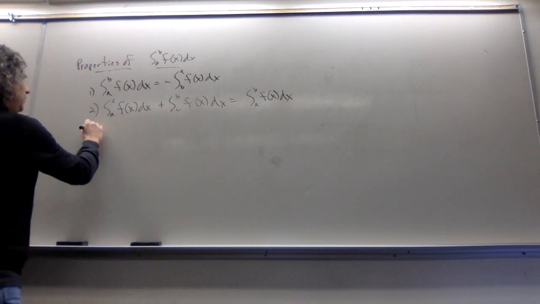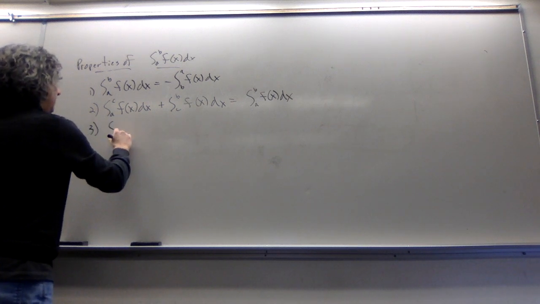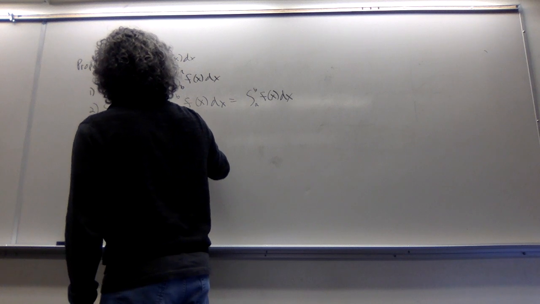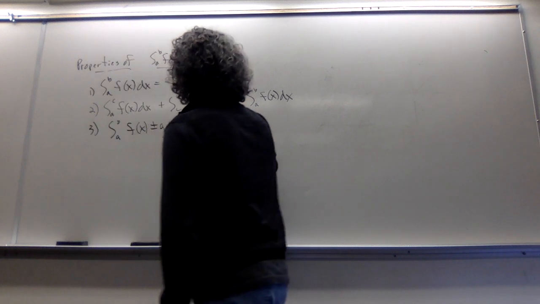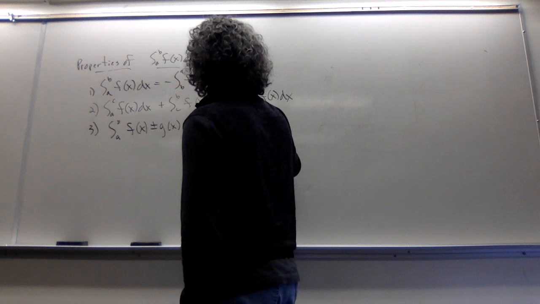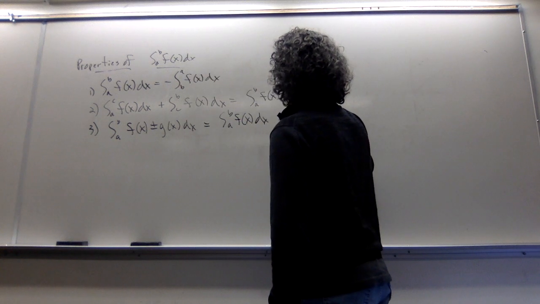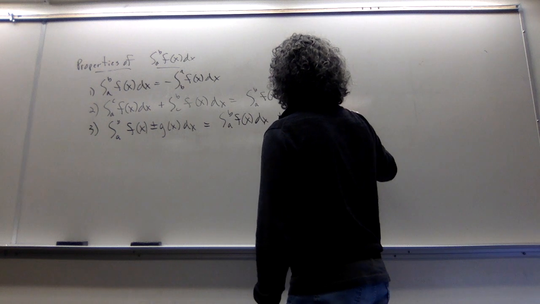We then also proved that the integral from a to b of f of x plus or minus g of x dx is equal to the integral from a to b of f of x dx plus or minus the integral from a to b of g of x dx.